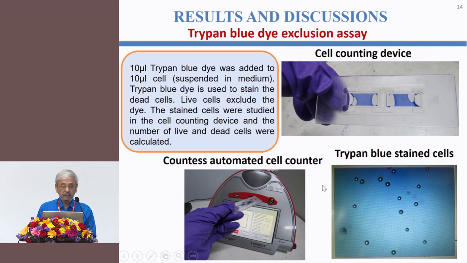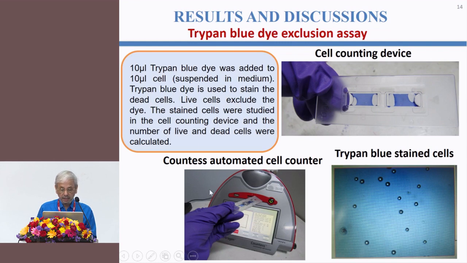And then a further staining experiment was done, just to cross check, with trypan blue. Trypan blue staining is done in a very specific way, because it stains the dead cells and live cells exclude the dye. That is why it is called dye exclusion assay.